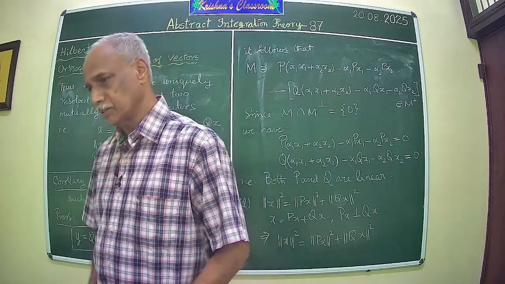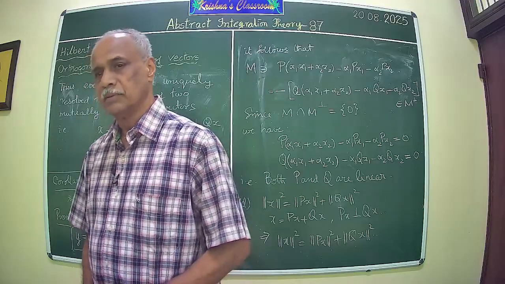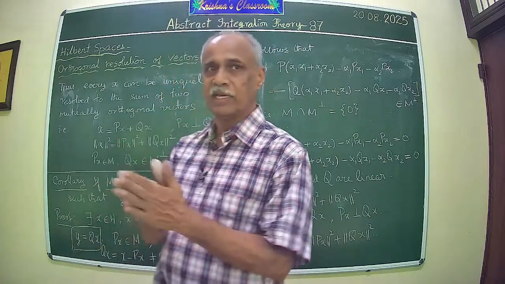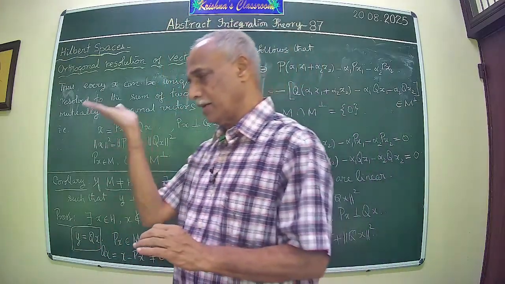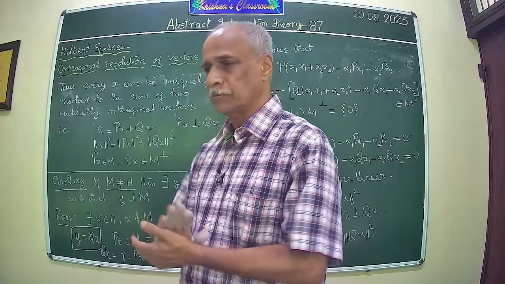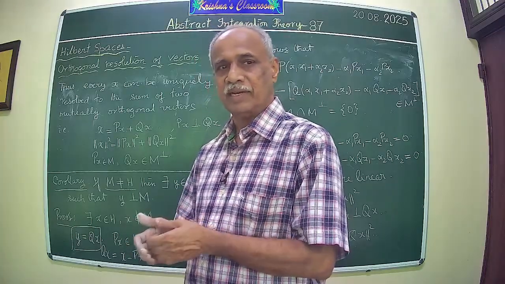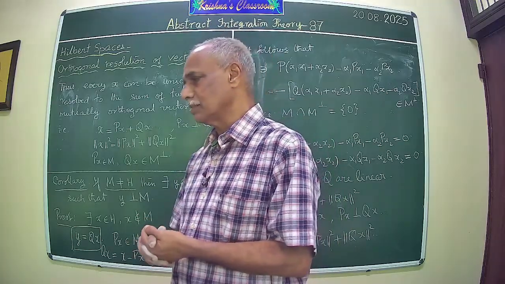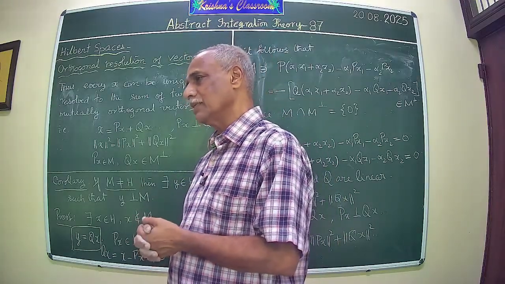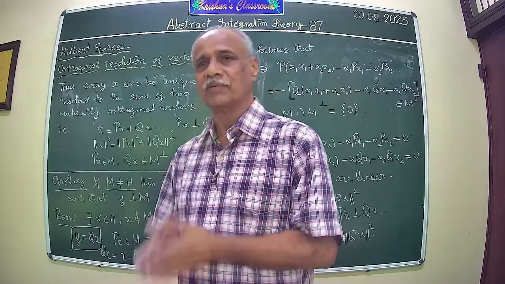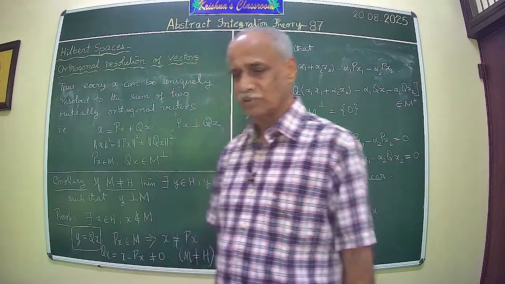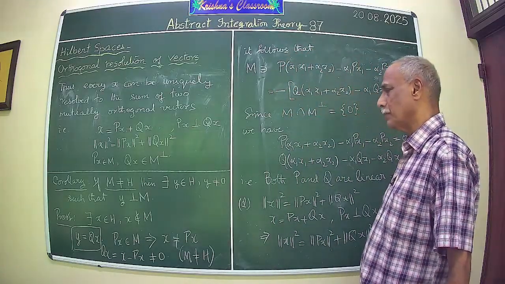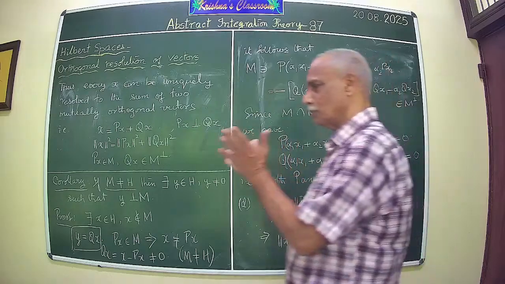It's an important result that you have in Hilbert spaces, that given a Hilbert space and a closed subspace of that, any vector can be decomposed into a sum of two vectors uniquely, one belonging to M, the other one belonging to M perp.